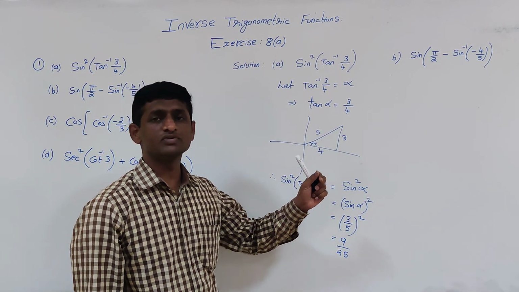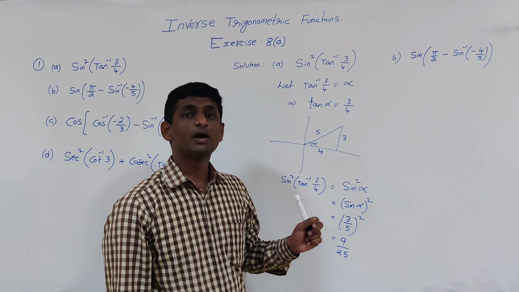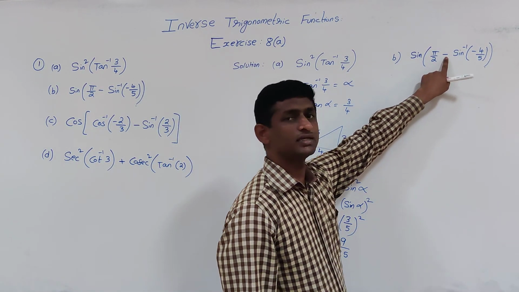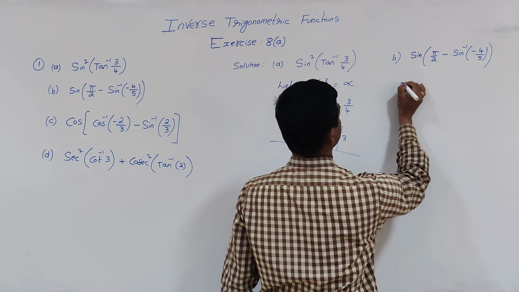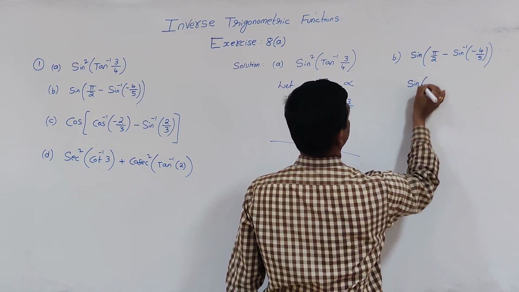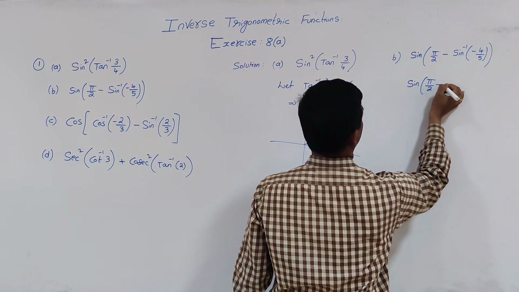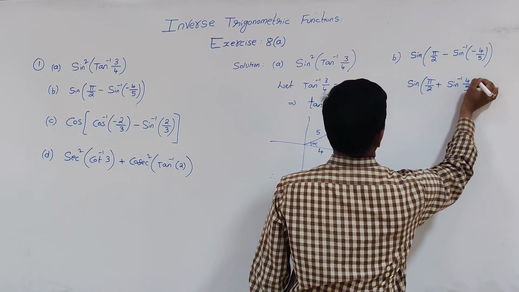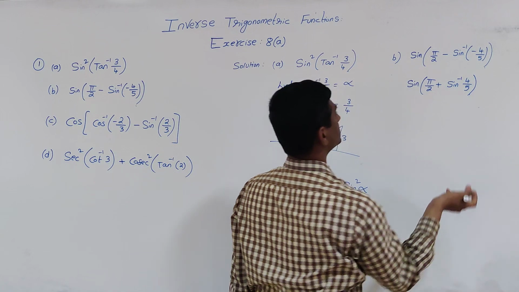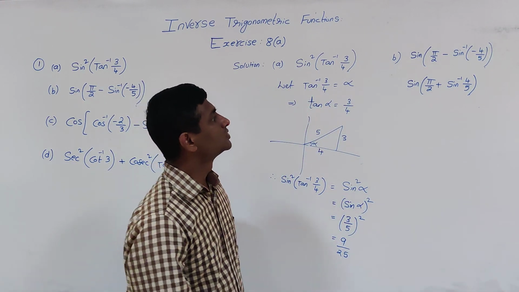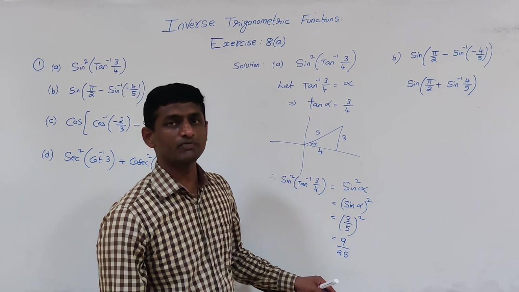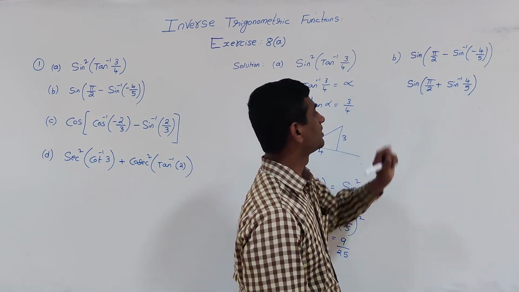What will be sine inverse of minus x? It is minus sine inverse of x. So sine inverse of minus 4 by 5 will be minus sine inverse of 4 by 5, but already a minus is there, so it becomes plus: sine of pi by 2 plus sine inverse of 4 by 5.